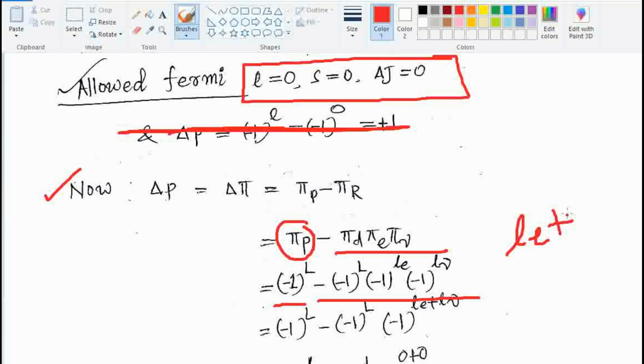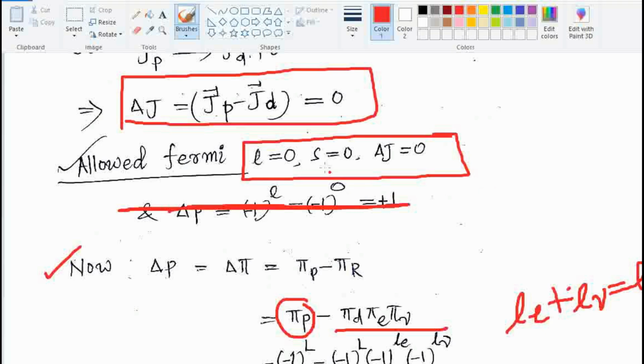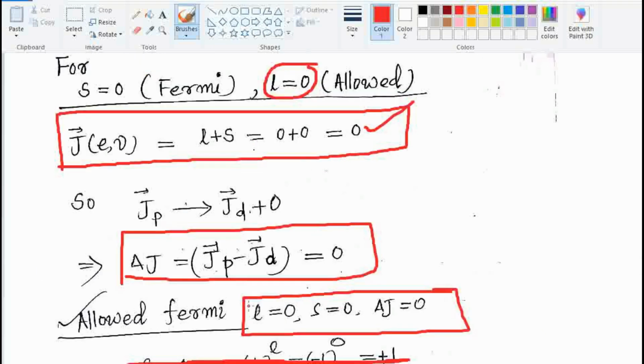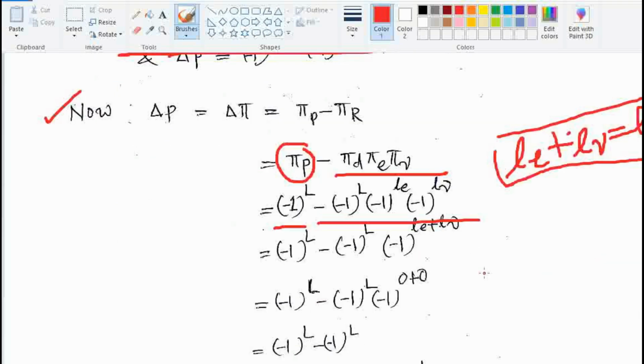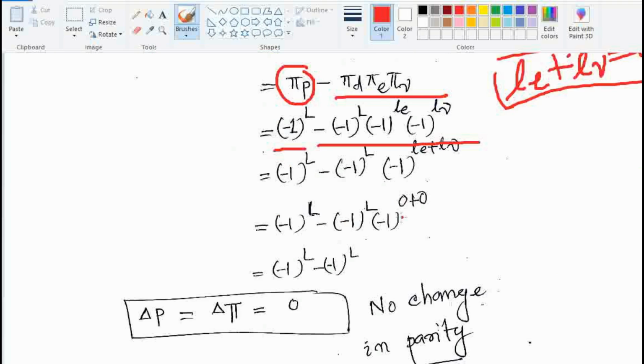So if you put 0 plus 0, then it will be 0, so minus 1 to the power 0. So you find both terms are the same, so the change in parity equals 0. That means there is no change in parity for this reaction for the Fermi allowed transition.